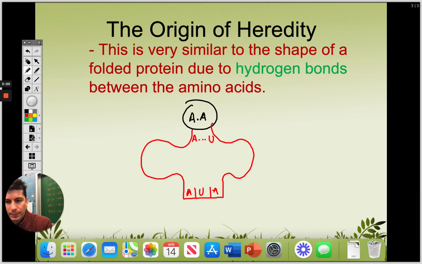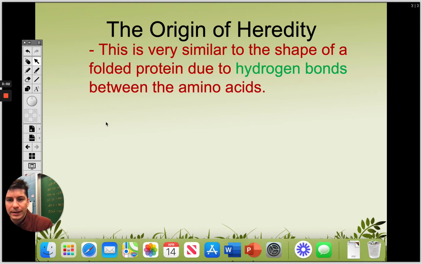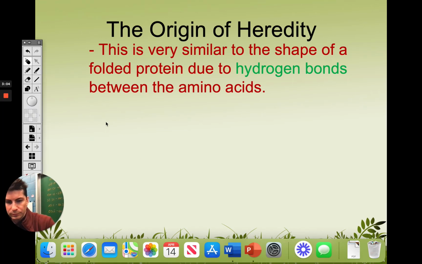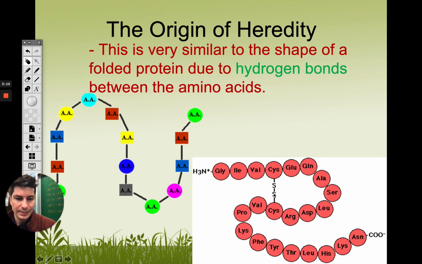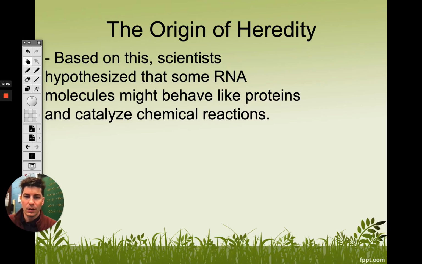There actually are hydrogen bond interactions between all of these nucleotides together. So here is our string of amino acids, and you guys can see here kind of where the S's are. We can have some hydrogen bonds just like we do in making a protein. When a protein is made, after we have all these amino acids, it folds up. We can actually do the same thing in RNA.